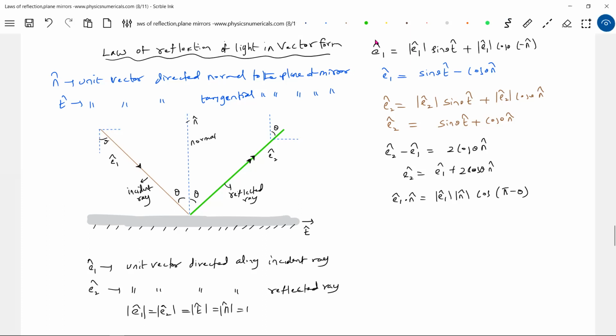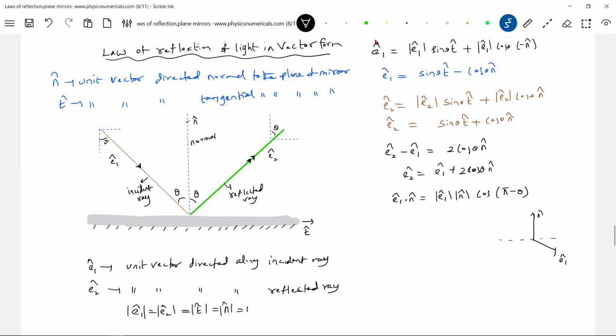Dot product, A bar dot B bar, should be equal to AB cos theta. What is the angle between N cap and E1 cap? It is 180 minus theta, or pi minus theta. Let me show the vector diagram, it will be easier. This is N cap. This is E1 cap.